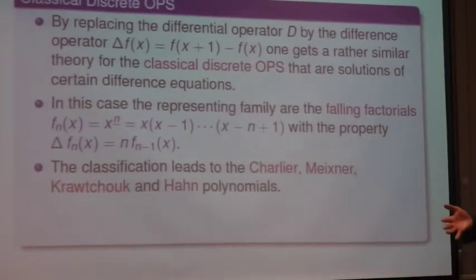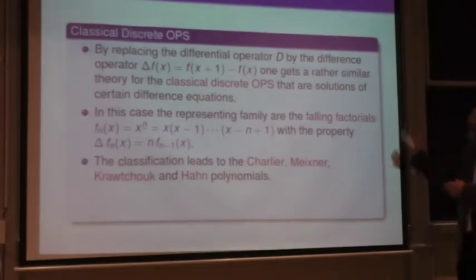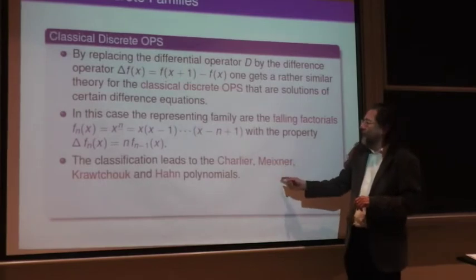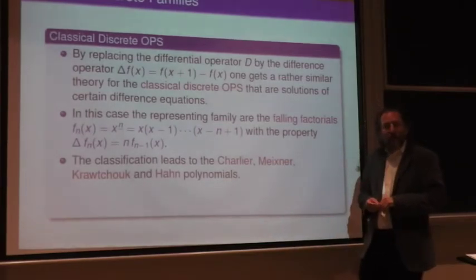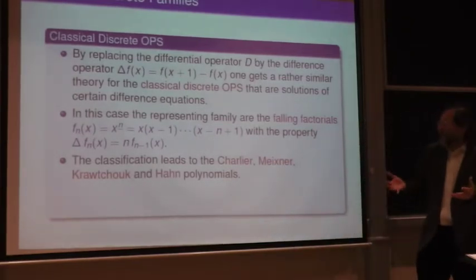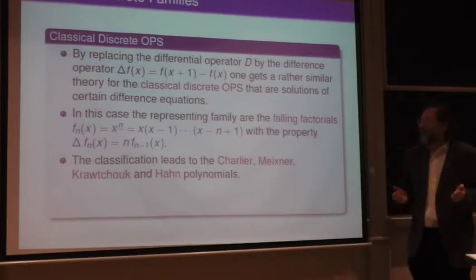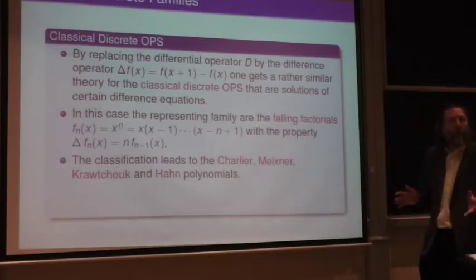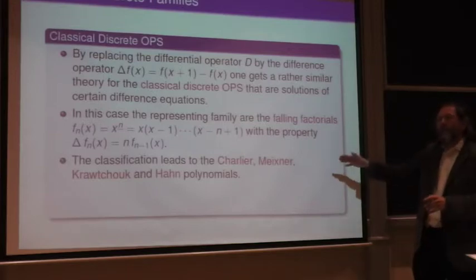They are, of course, all well known and were defined before this structure was found, namely the Charlier, Meixner, Krawtchouk, and Hahn polynomials. So now we have already 8 families or 7 families with names, actually 8, that are in our list. More names will come up, but at the moment this is what we have.